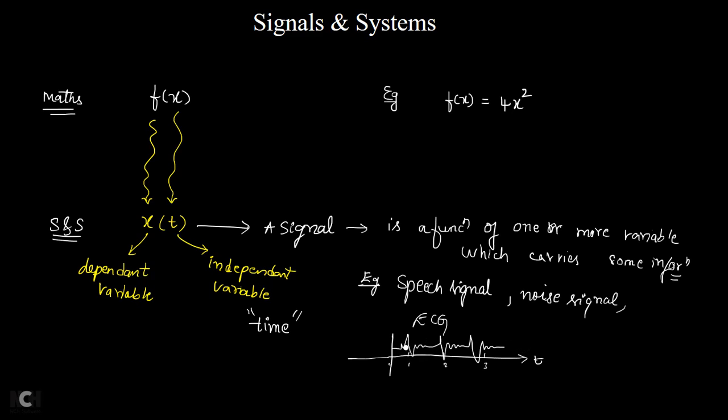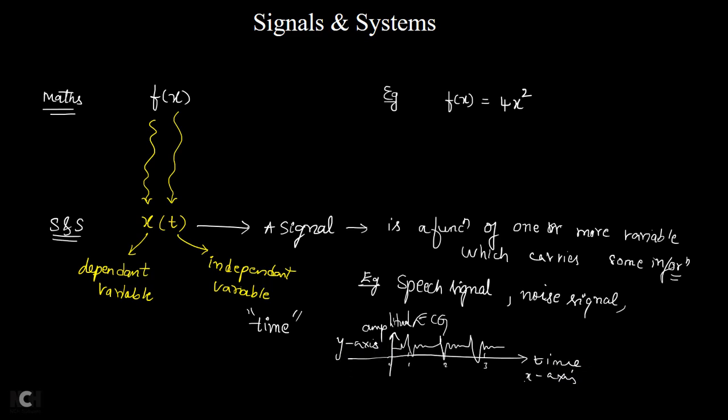For example, your heart beats, and after another 1 second it beats again, and after another 1 second again. It is just an example. So the amplitude of the sound produced by the heartbeat depends on time. So the y-axis is called amplitude, and the x-axis is called time.